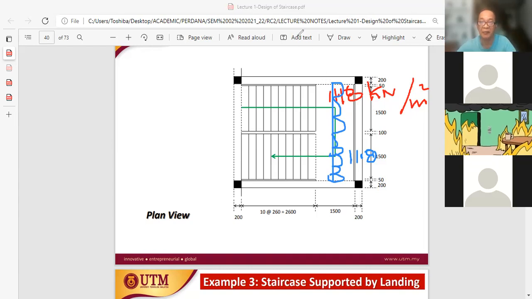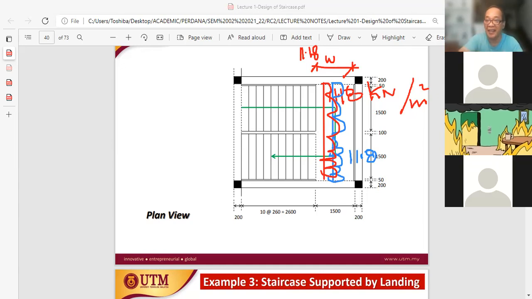So to have my design load in the same direction, with loading like this, my 11.18 must now be multiplied by the width W. Multiply by W, then we get kilonewton per meter along the span of the landing. Let me repeat.